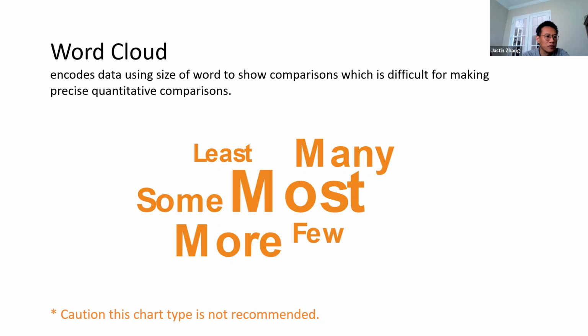But sometimes it's useful to use a word cloud in addition to a bar chart or other common chart types, to give the audience some idea about the most important keywords in your data sets. Even though this chart type is not recommended to use by itself, it can be used as a feature to add additional comparison to the existing data sets.